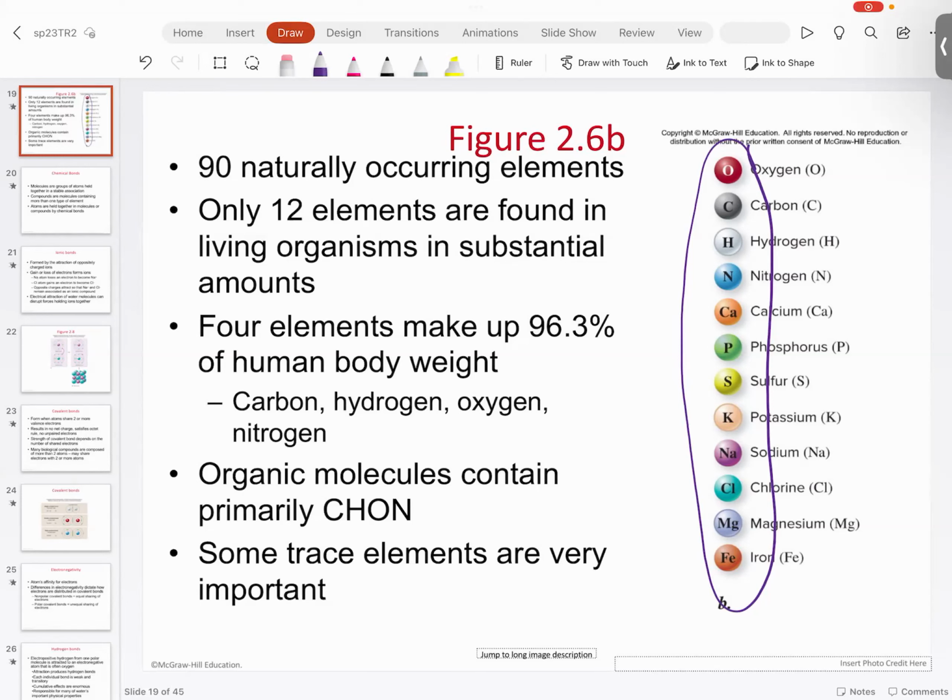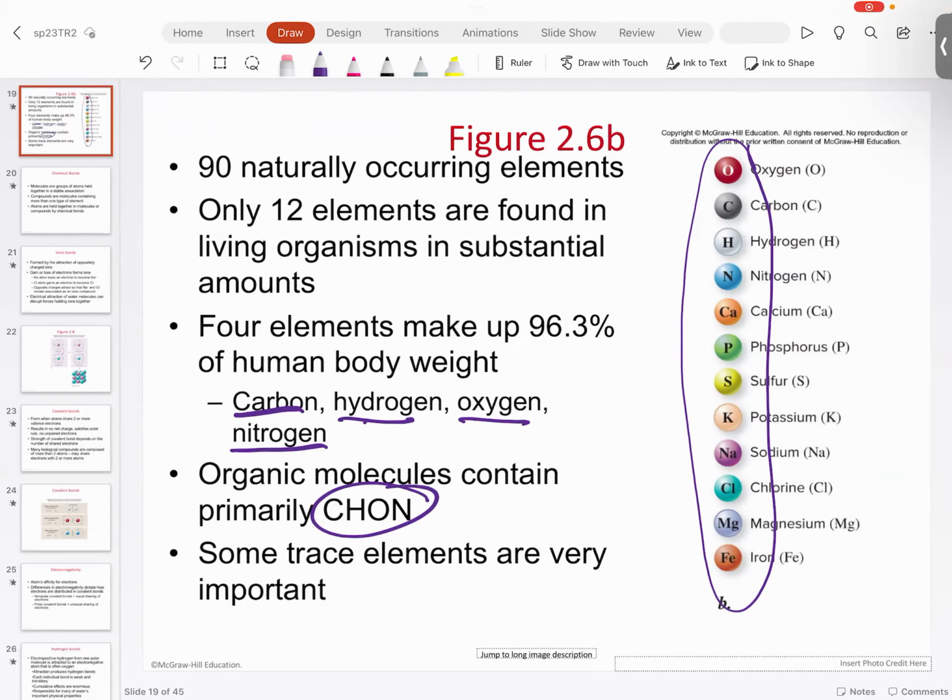And we can go even further than that. Of all these naturally occurring elements, 4 of them make up the overwhelming majority of what you are. What are those 4? Carbon, hydrogen, oxygen, nitrogen, CHON. Those 4 make north of 96% of the atoms that are inside you right now.